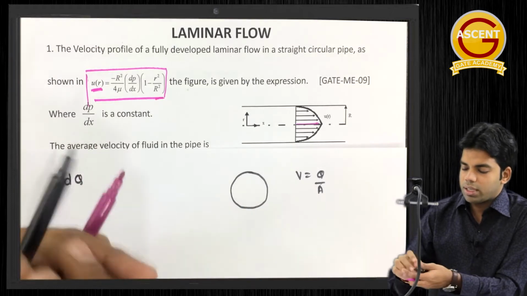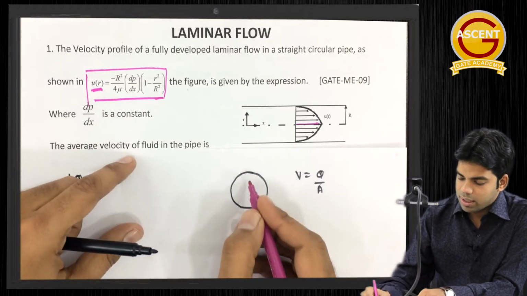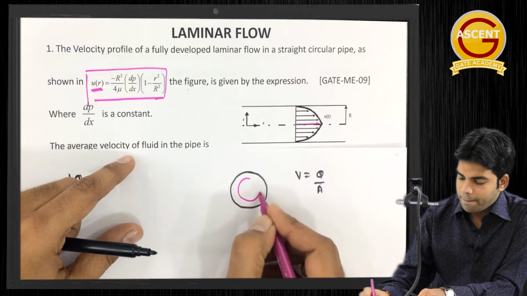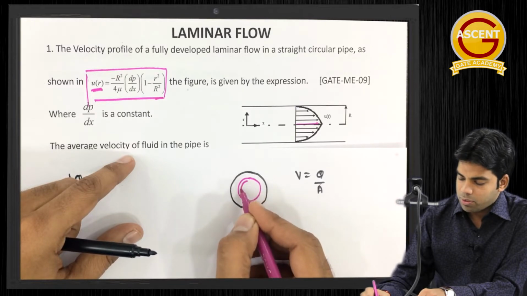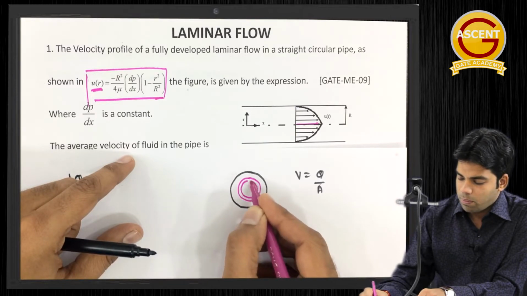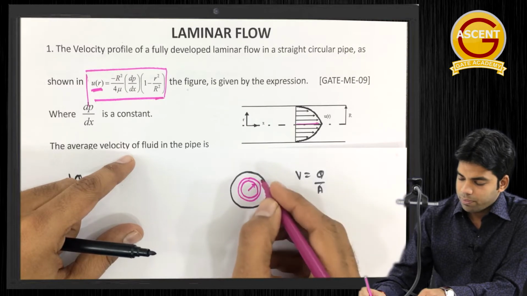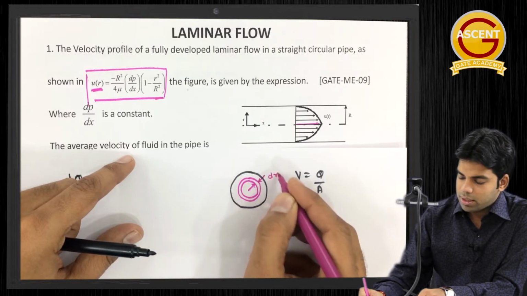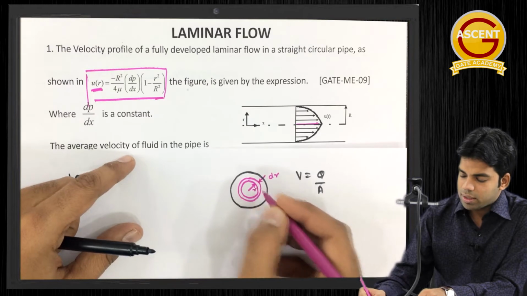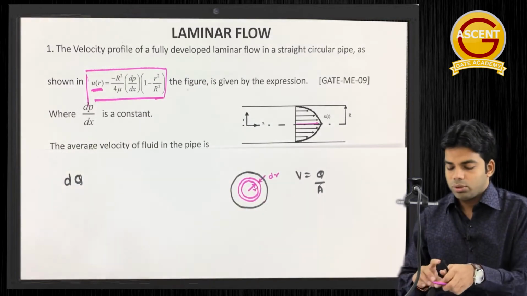For taking the discharge, I will take a small area at a radius, suppose small r. The thickness is dr and the radius is small r. So dQ will be equal to what?